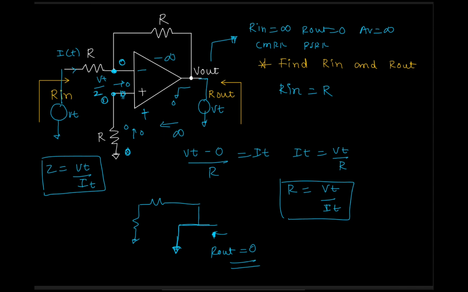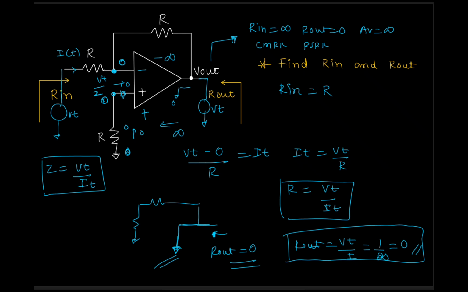It draws the current in, so it draws an infinite current, and R out is equal to Vt by I. So if I is infinite, then R out is 0. So this is the proper way of solving, and the other is the shortcut that you can apply.